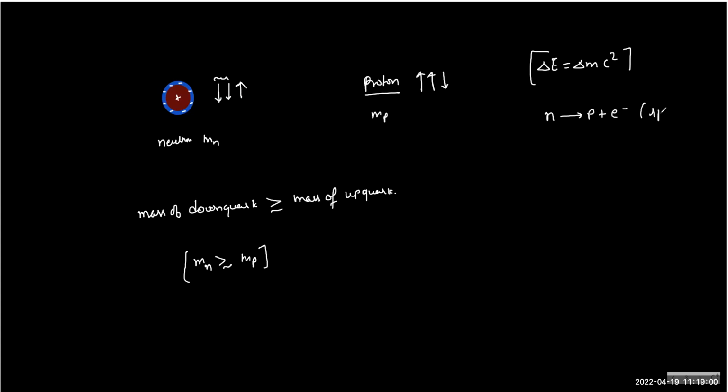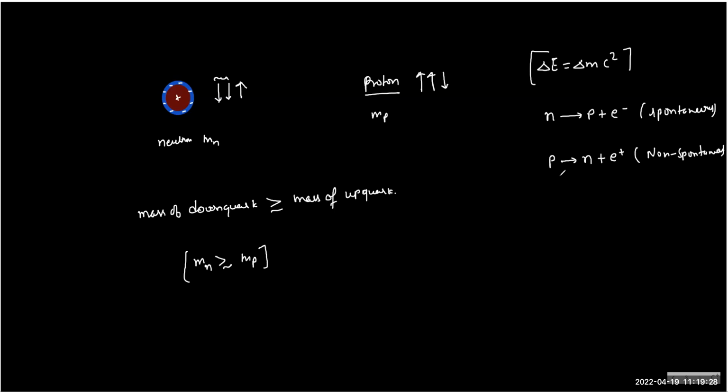So conversion of neutron into proton is a natural phenomenon. This is called spontaneous, and this is also called the beta emission. But if I have to convert the proton into neutron, this is called the positron emission, and this is non-spontaneous. Why?